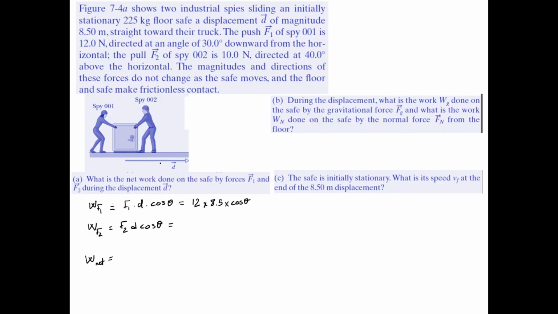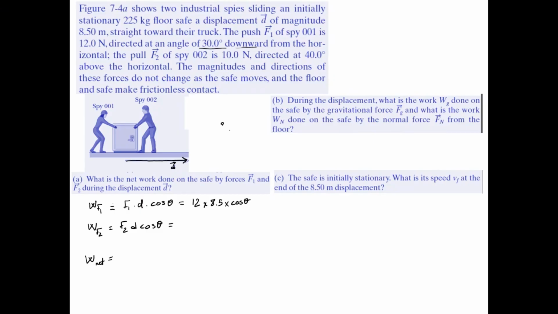Okay, the figure shows me that the displacement is to the right. I still need to see the force and the angle it makes with respect to the displacement to be able to plug in theta in my equation. Let's draw the forces. We are told F1 is directed at an angle 30 degrees downwards from the horizontal.